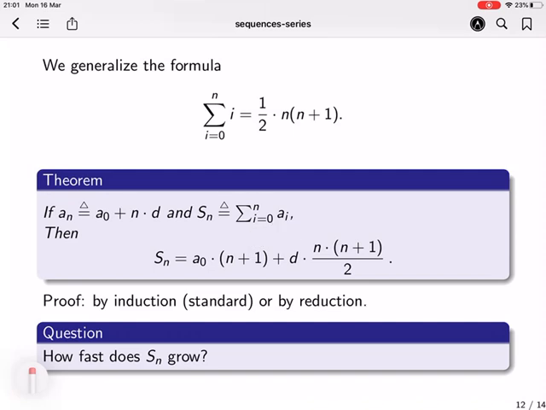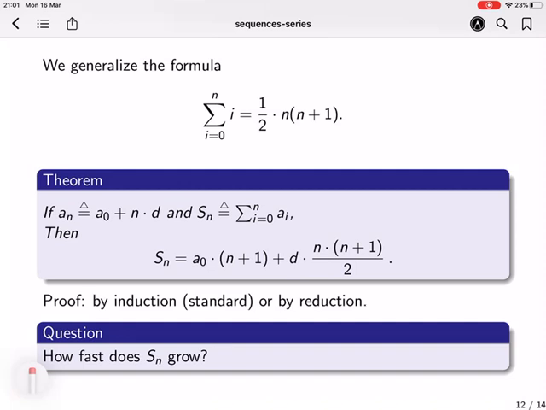We want to prove that Sn equals A0 times n plus 1 plus D times n times n plus 1 over 2. Now let's look at the right-hand side and compare it with the formula that we already know. Is there any similarity? Well, this part does not appear in the formula on the top, but this part does appear. So let's try to understand where this part comes from and why this D pops up.